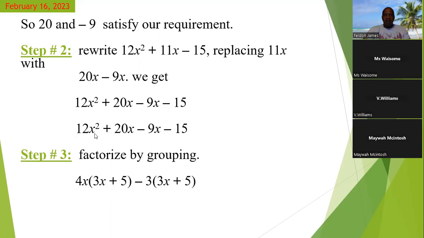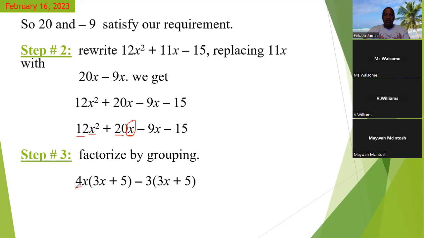And here for the first pair, we see the common factor: the highest number that goes into 4 and 12 would simply be 4. And for the common factor x, we choose the lowest power of x to be the HCF.